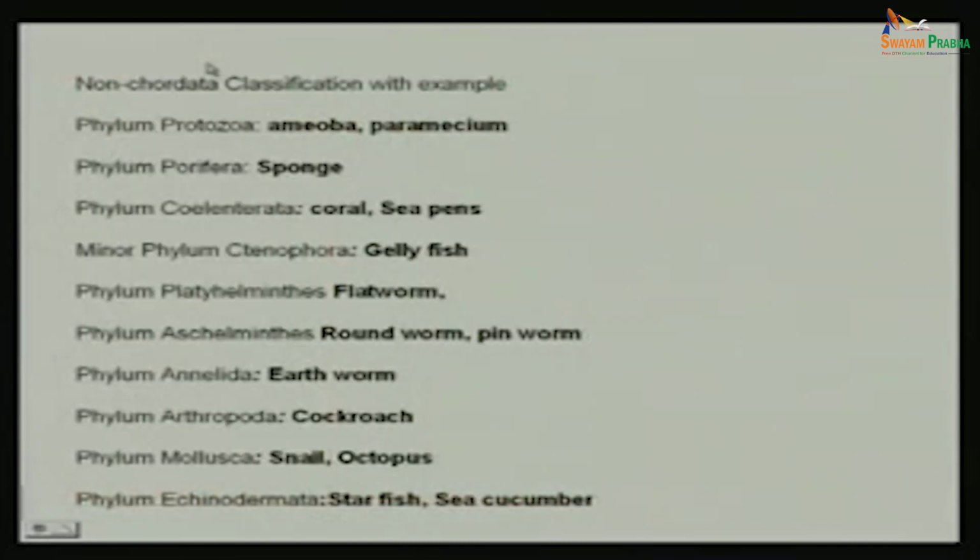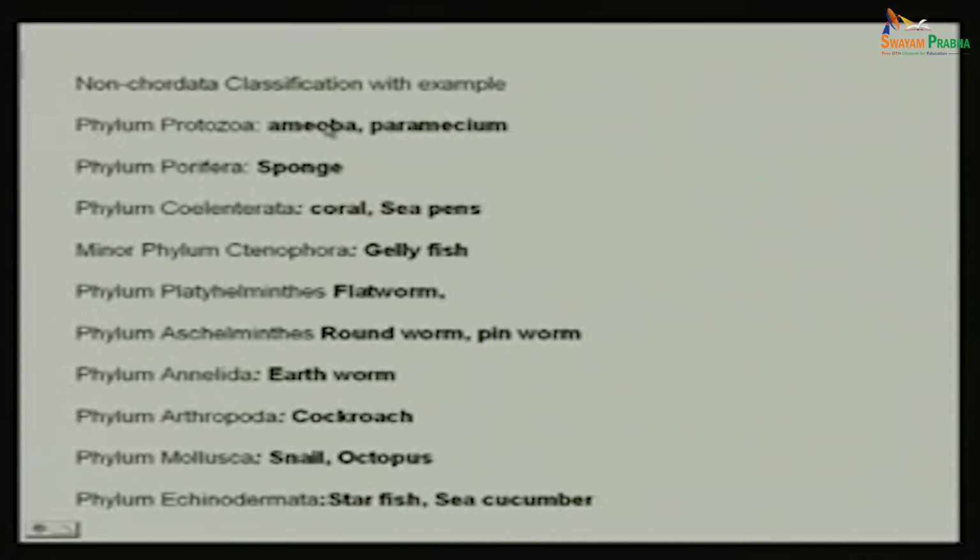If we further classify this animal world, the non-chordates can be further divided into several phyla like Protozoa, Porifera, Coelenterata, Ctenophora, Platyhelminthes, Aschelminthes, Annelida, Arthropoda, Mollusca and Echinodermata.